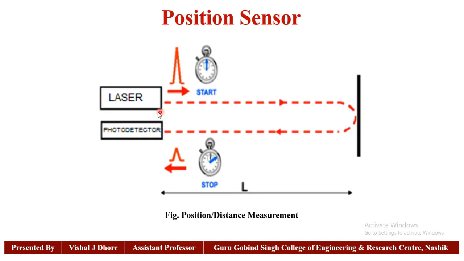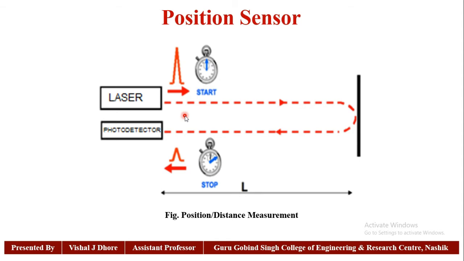In that case, we have to measure the time from when the laser rays are emitted by the laser beam until they are received by the photo detector. We measure how much time interval it takes, and we calculate how much distance there is from one place to another.